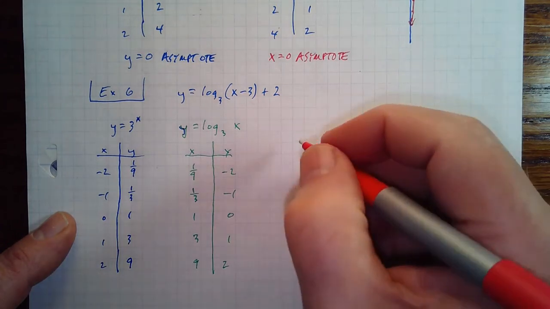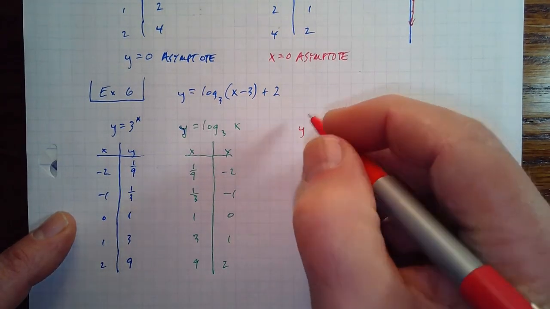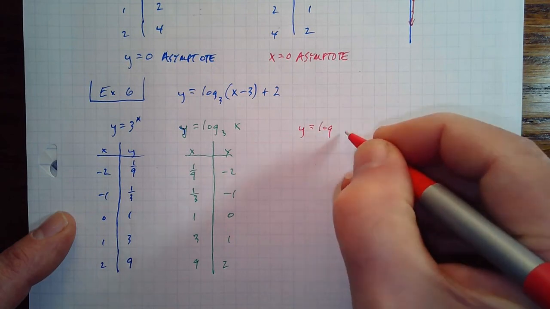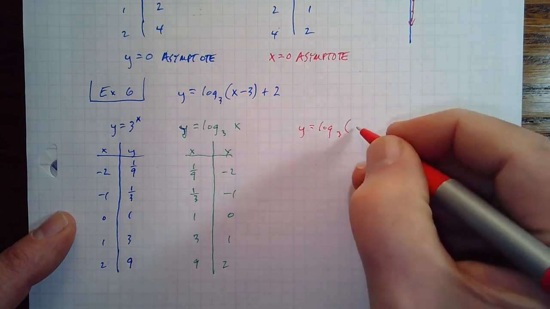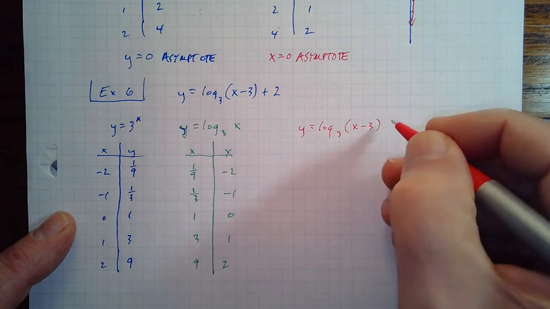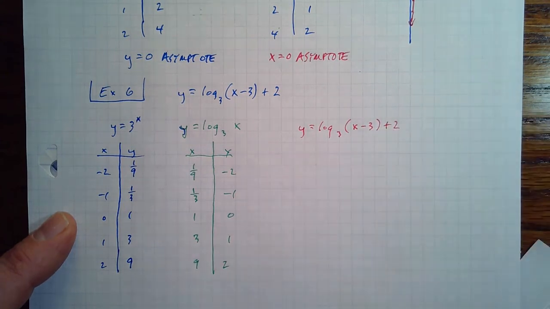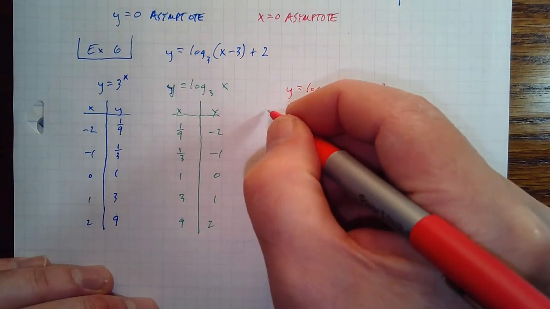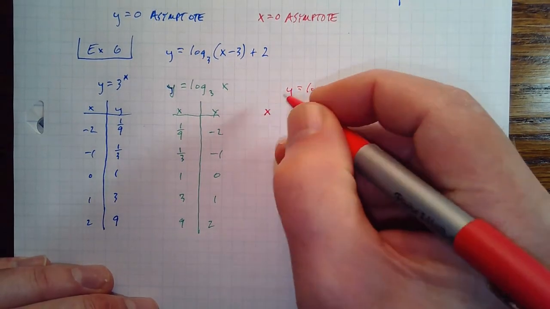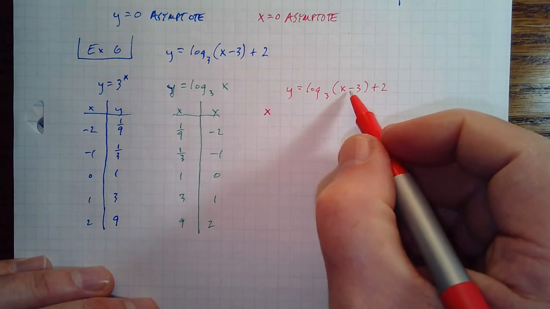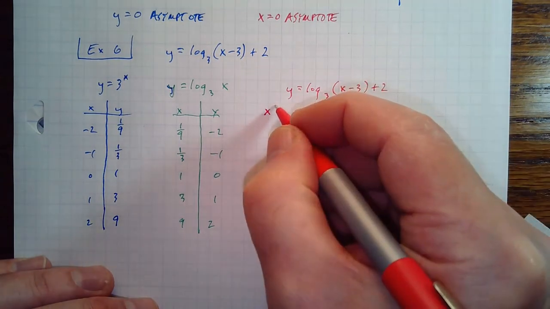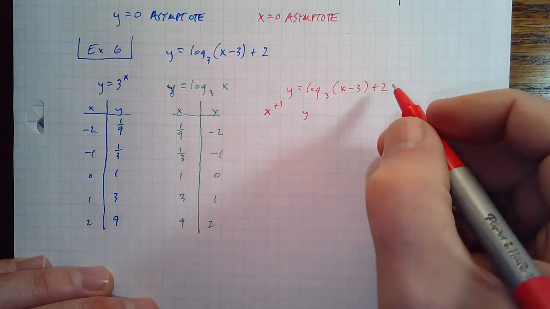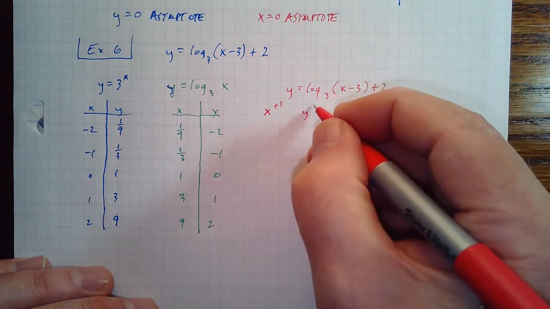And now the last thing is to do that slide part. So this is y equals log base 3 of x minus 3 plus 2. And so now when I do this chart, for my x's, because I'm sliding 3 to the right, I've got to add 3. And then for my y's, because I'm adding 2, that's sliding it up 2.